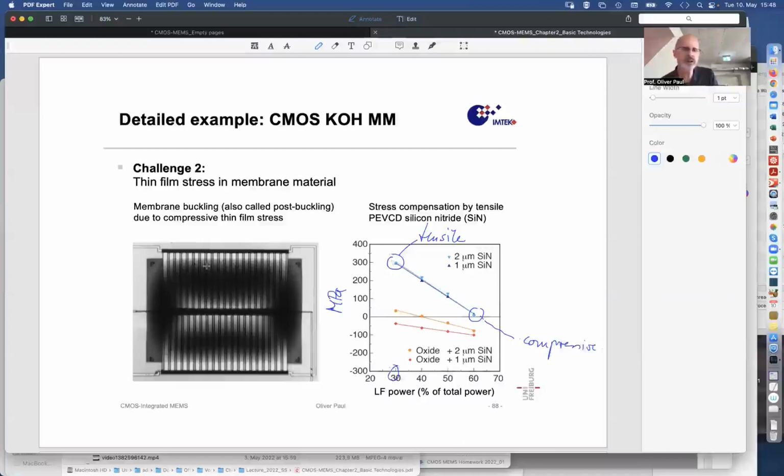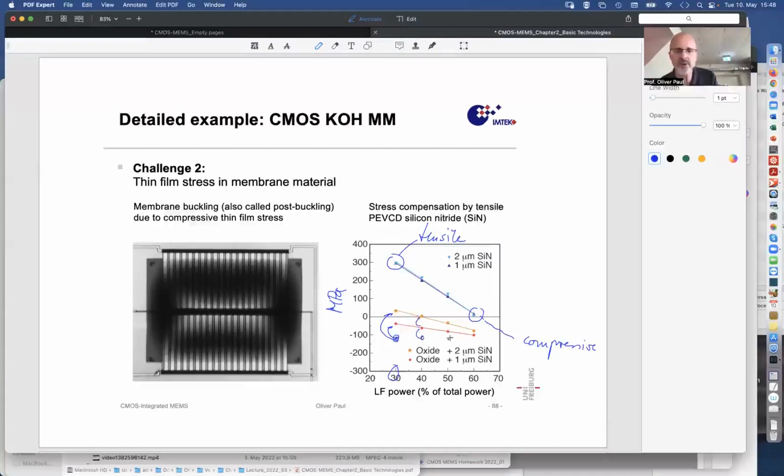And if we deposit that layer on top of such a membrane, then the average stress of the membrane is brought from this initial value to slightly negative to slightly tensile. And then if we take one of those less tensile passivation layers and deposit them, then we go less into the tensile region.